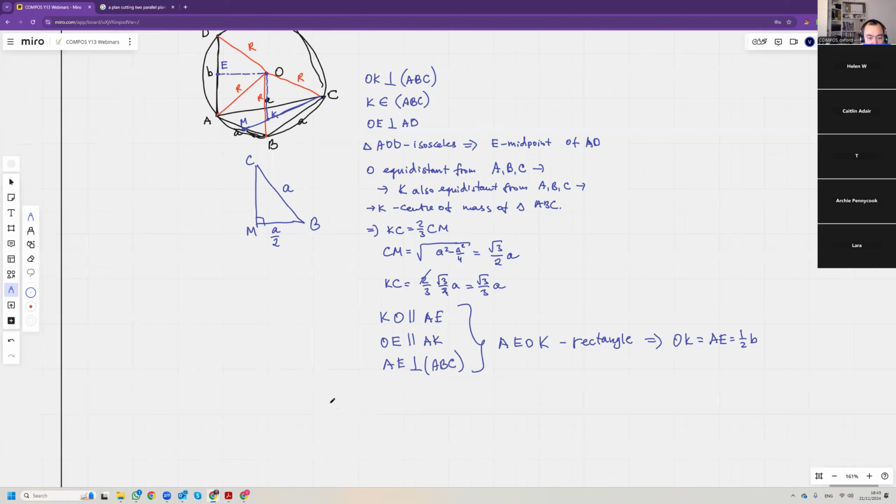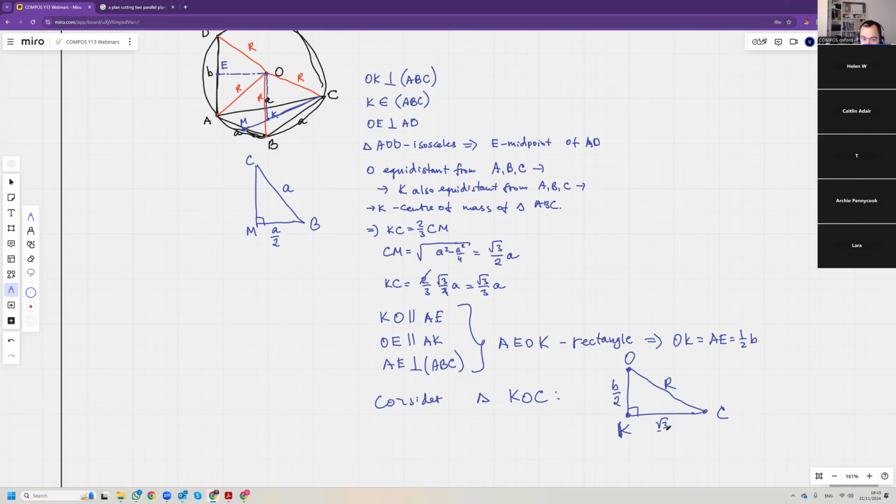And now we look at the triangle. Consider triangle KOC. So C, K, O. I know that OC is R. I know this is a right angle because OK is perpendicular to the plane. OK is B over 2. And KC we've already established.